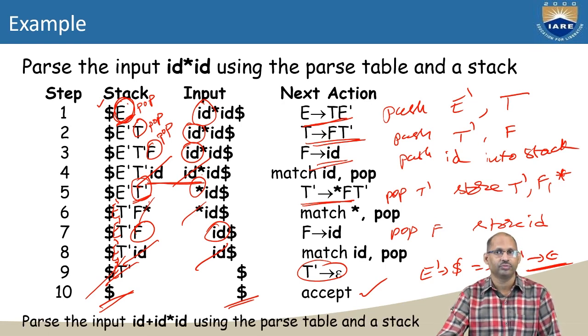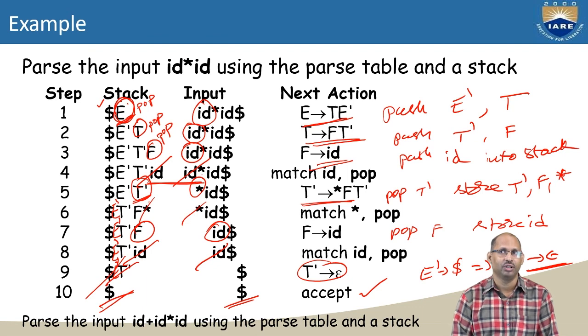So here try to do it for the input id plus id into id using the parsing table and the stack. Okay, is it clear? We are using the parsing table.